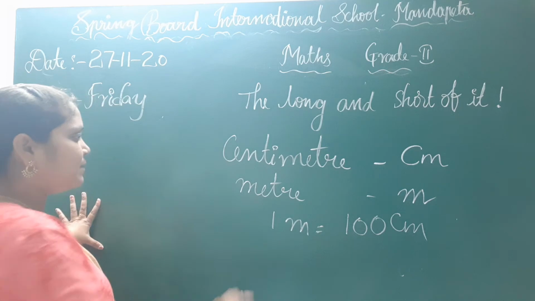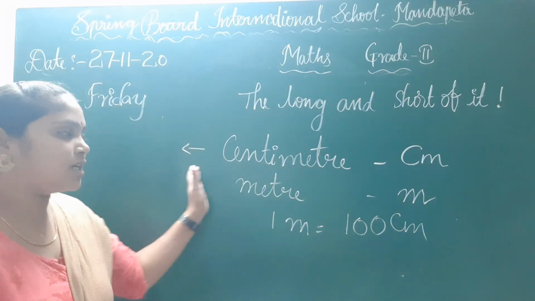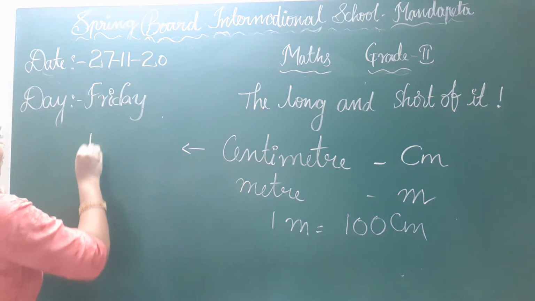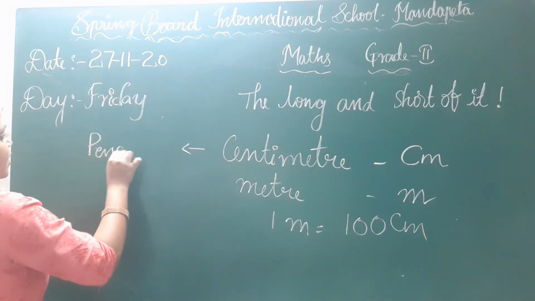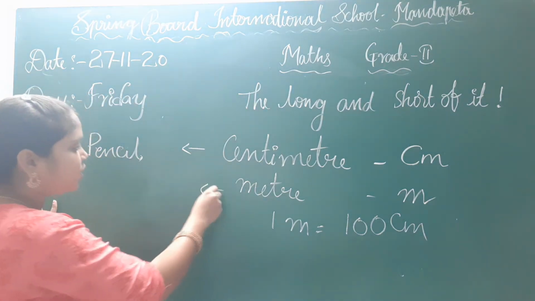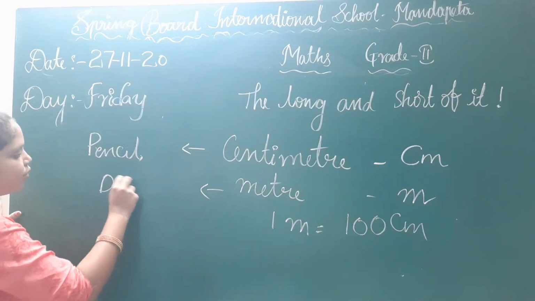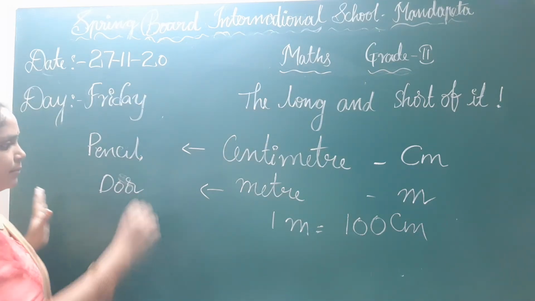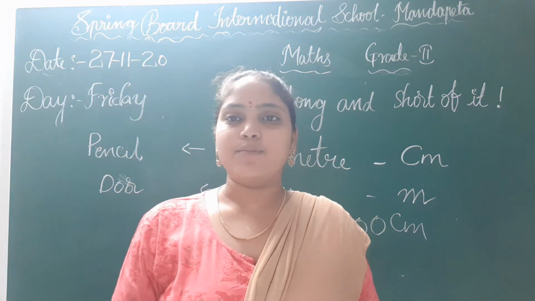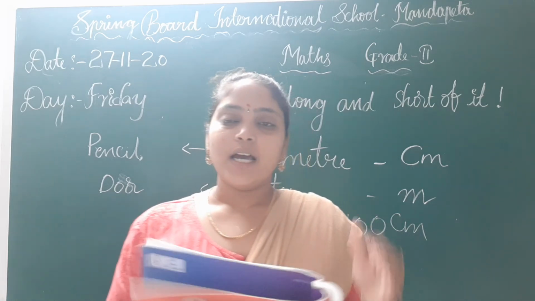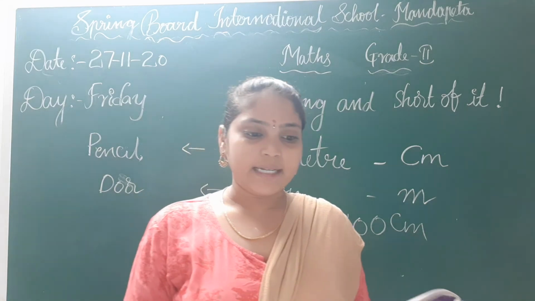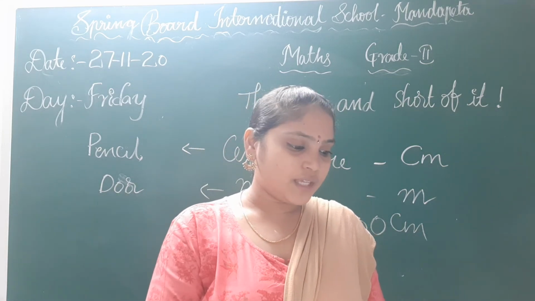If I want to measure a pencil, we are using centimeter. And for the room door, we are using meter to measure the length. So for smaller objects we are using centimeters, and for longer objects we are using meter.